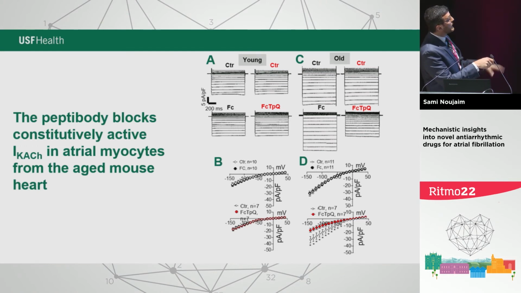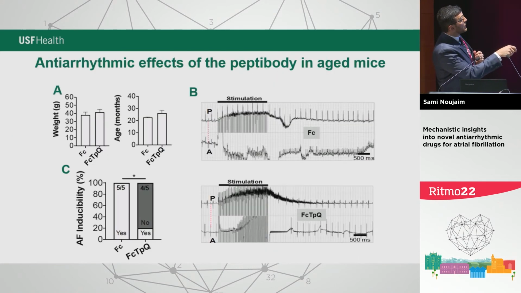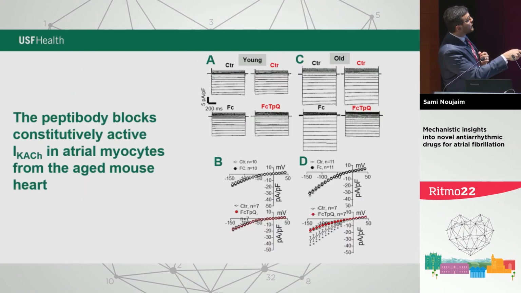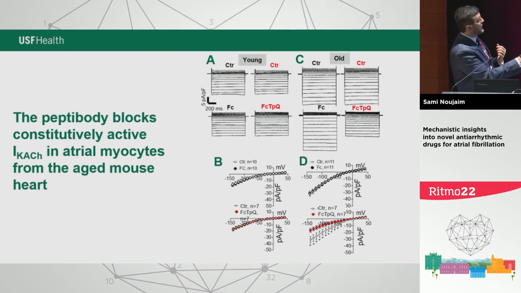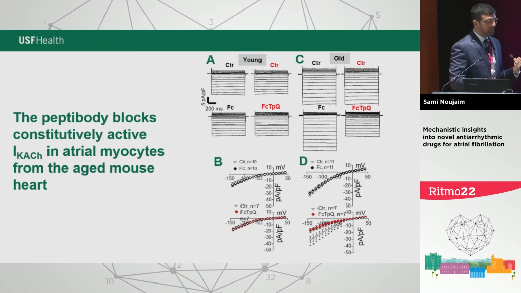Here is an experiment in the atrial myocyte from the young mice. This is the baseline control condition. And after addition of Fc fragment as a control, we don't see an effect on the current. This is a young mouse under baseline control conditions, and then when we added the peptibody, the current was not blocked, it was not affected.